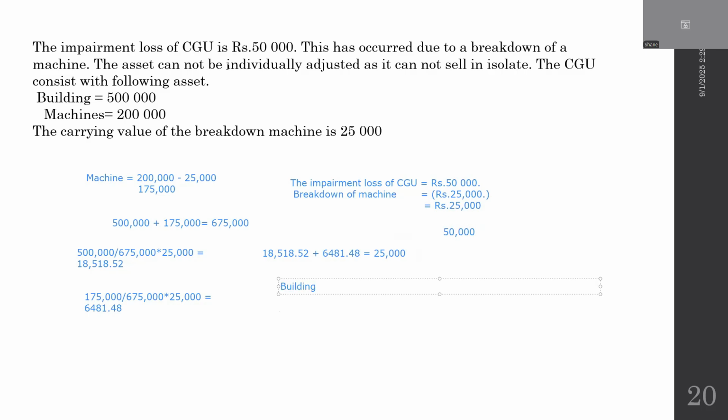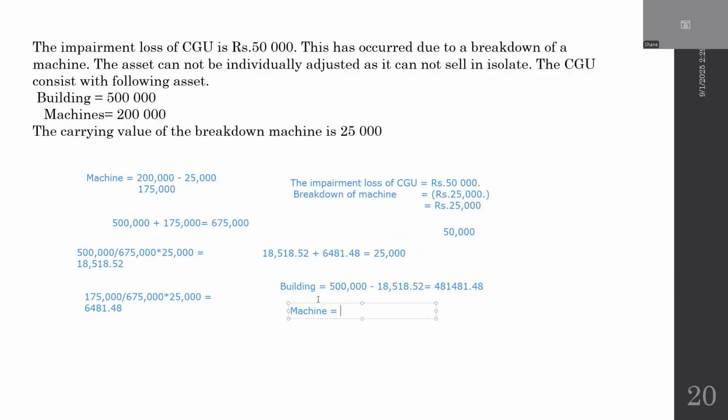So the building value, you all know, here is 5 lakhs. But if you want to find the carrying amount, this is the loss. So we should deduct it from this 5 lakhs. Then we can take the answer. So this is the carrying amount of the building, and like this we can get the machine carrying amount.